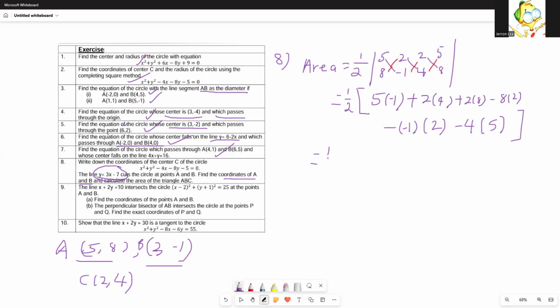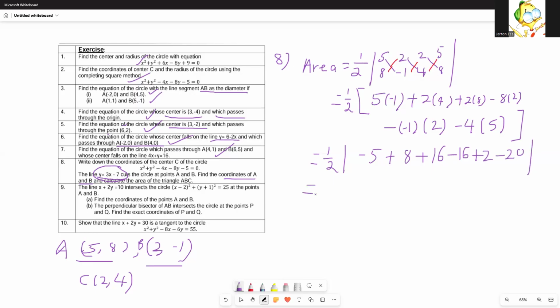Let's try to see what is the answer that we should be getting. So this is going to be negative 5. This is going to be 8. This is 16. This is negative 16. This is plus 2, minus 20. So let's see what we have.